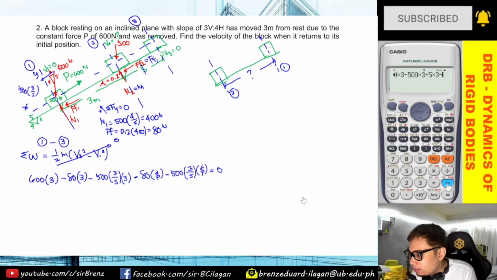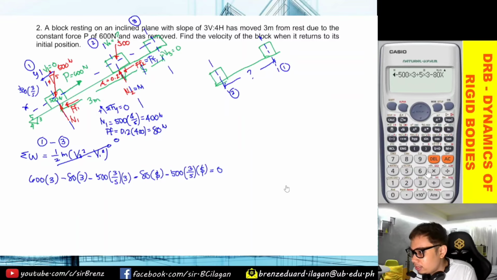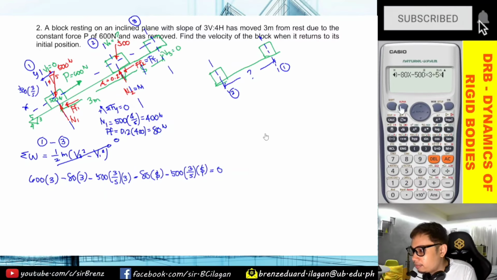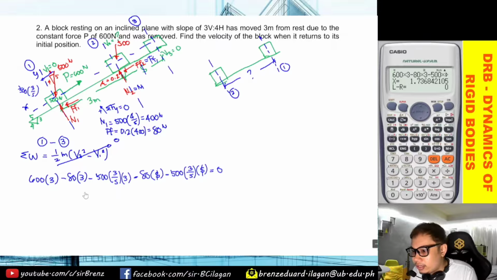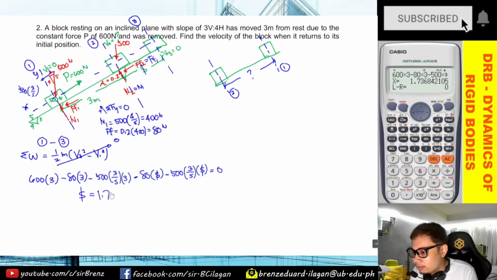So, watch your keystrokes: minus 80 times x minus 500 times 3 divided by 5 times x, shift solve, equals 0. So, the S that it travels is 1.7368 meters.